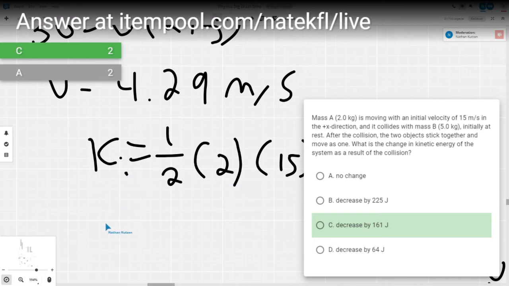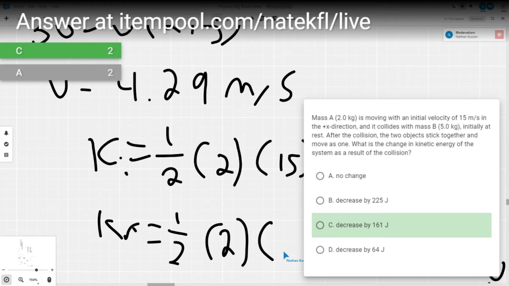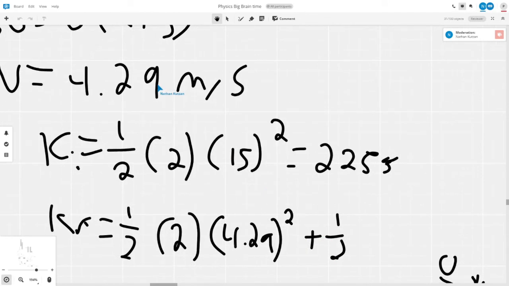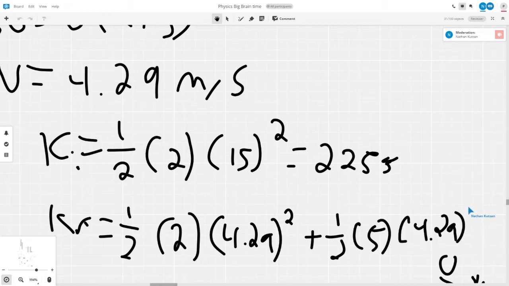And so the final kinetic energy then is going to be 1/2 the mass A times our velocity squared, which is 4.29 squared, plus 1/2 times the second mass, which was 5, times the velocity squared, 4.29 squared.